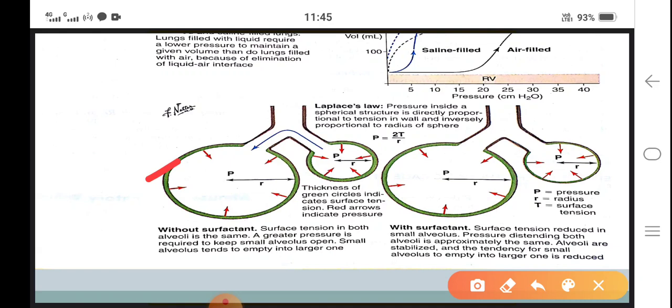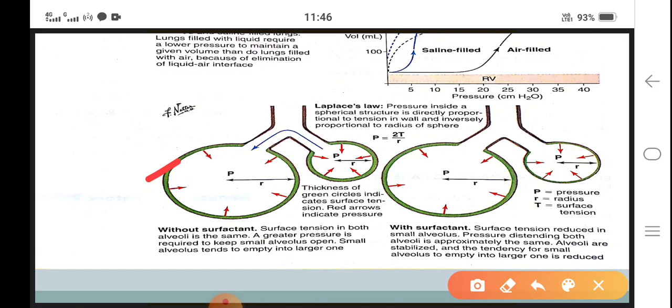This results in the upper region alveoli having larger volumes as compared to those in the basal and more dependent regions. The alveoli in the upper regions are already filled with air and are less compliant compared to those in the dependent region, which are more compliant and are able to increase their volume with each breath.